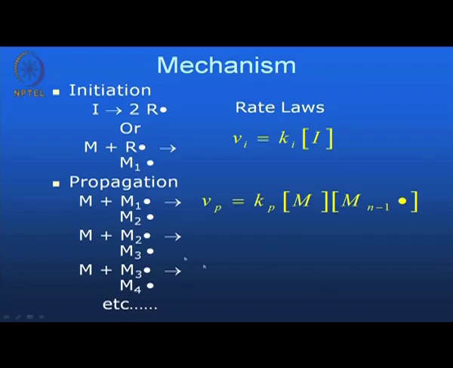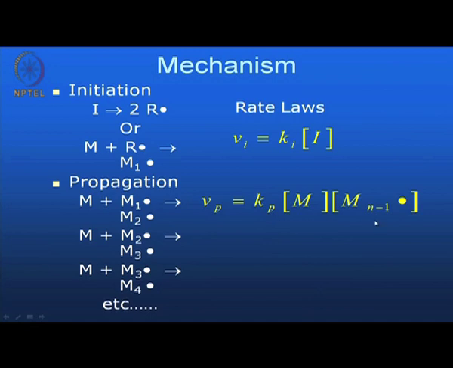Next, we come to propagation: monomer plus monomer 1, M1, producing M2, where another monomer is combined with M1, then M plus M2 producing M3, M plus M3 producing M4, and so on. So, the rate nu P, or Vp, is equal to Kp, the rate constant, times, since two species are involved, one monomer concentration and one n minus 1 mer concentration.